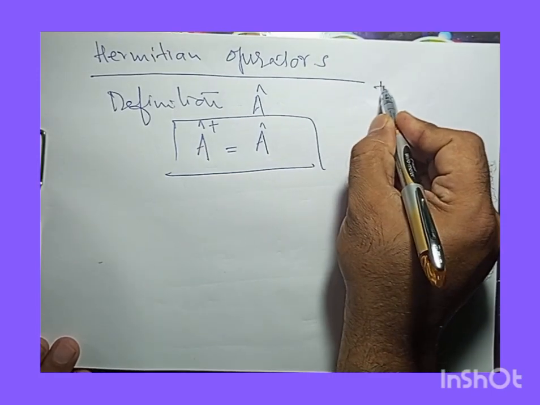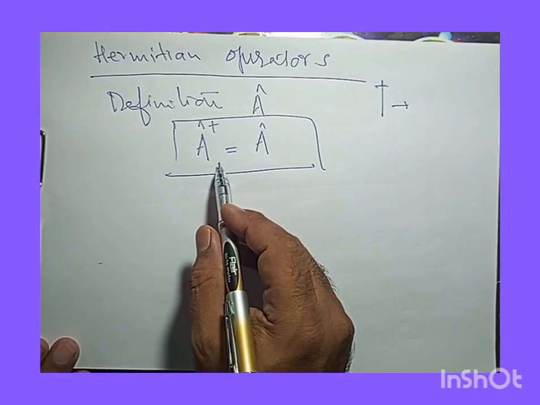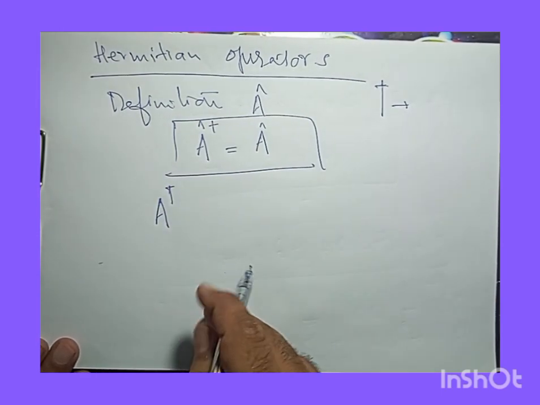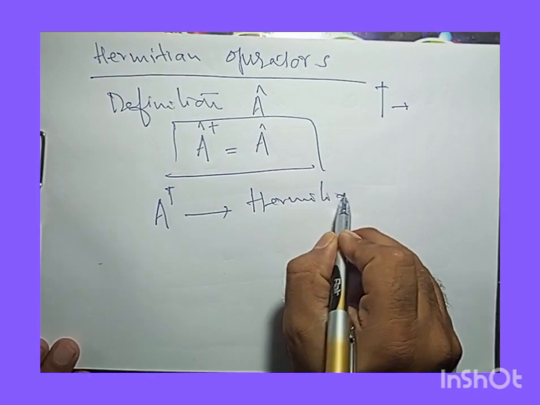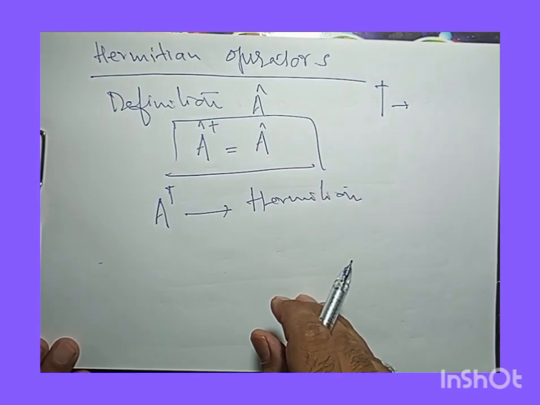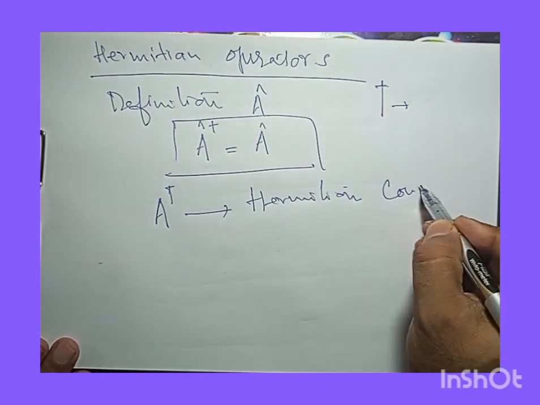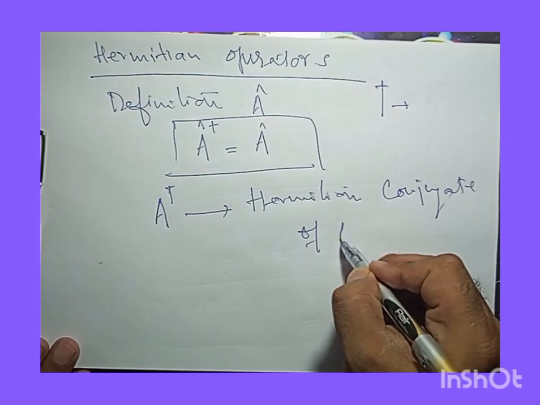Now, this is called dagger. What this A dagger that I have noted down here denotes is the Hermitian conjugate, or adjoint, of the operator A cap.